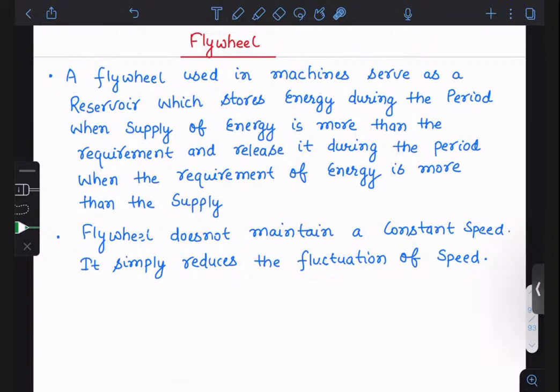Okay. Now, next important, it does not control the speed variations caused by the varying load. So that is actually the use of a governor.